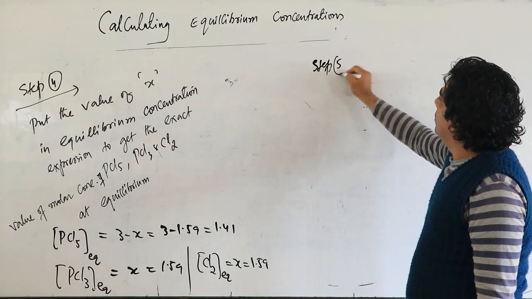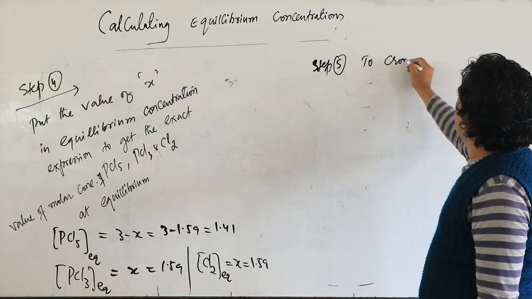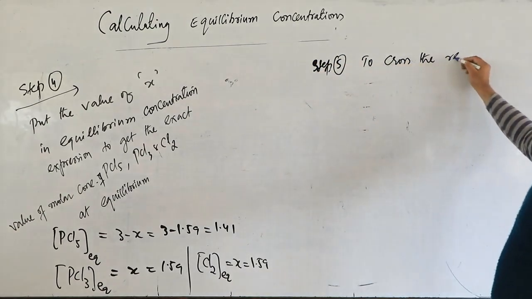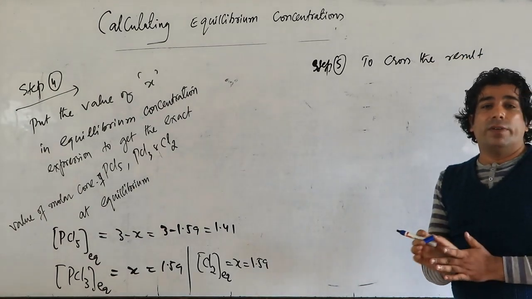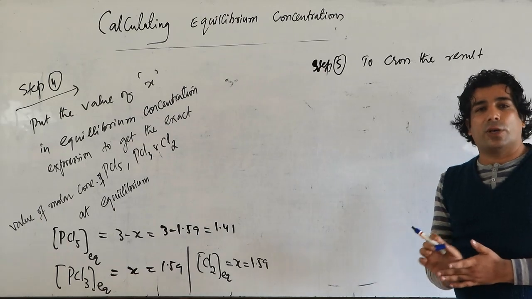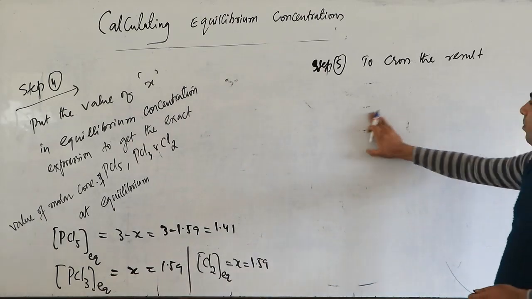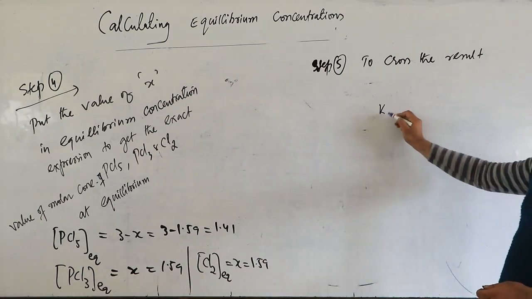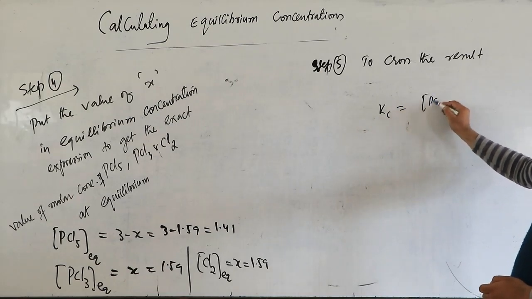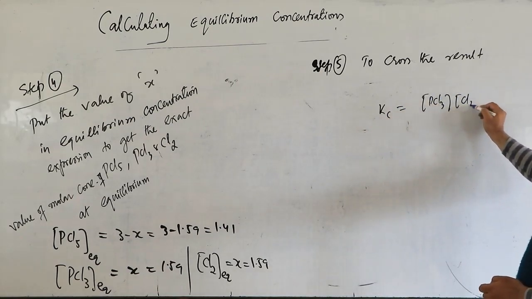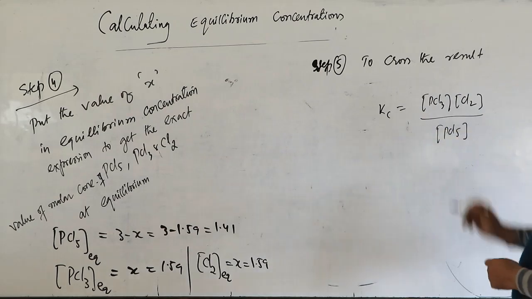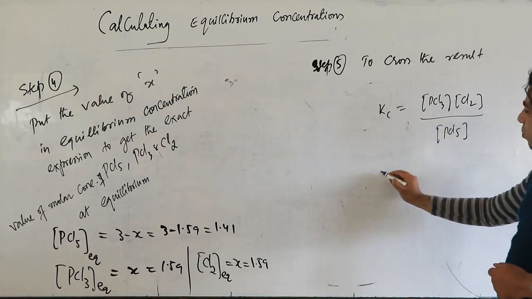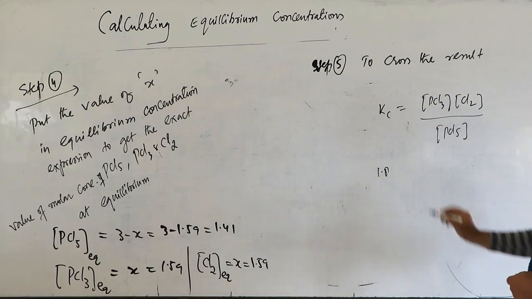Step 5, to cross check the result. So we have to find out now whether our result is correct or not. You know that our equilibrium expression was Kc equal to PCl3 into Cl2 divided by PCl5, my dear friends. The Kc value given to us was 1.8.